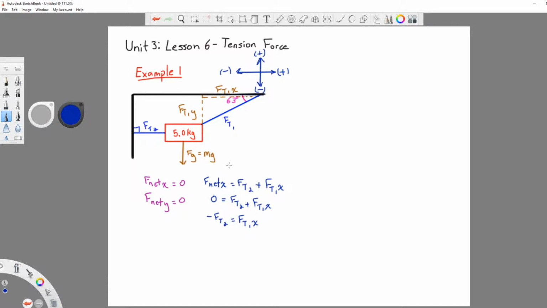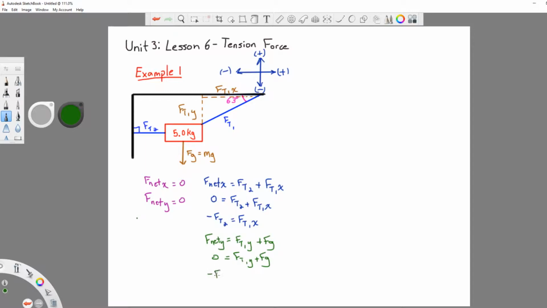Okay. I'll write that out, might as well. Give us a nice dark green here. And for F net y, I'll do it down here. F net y is equal to Ft1y plus Fg, and so 0 is equal to Ft1y plus Fg.